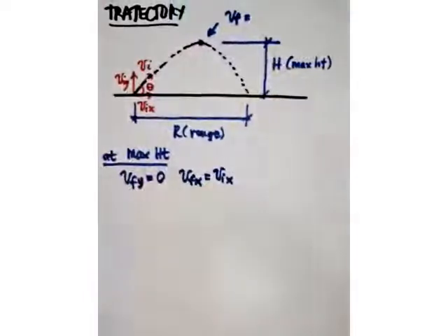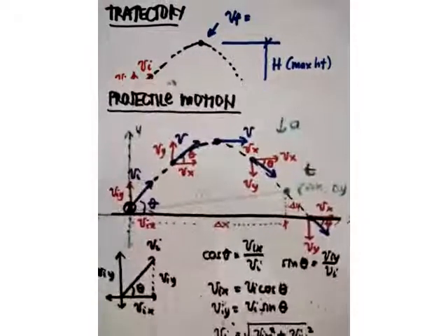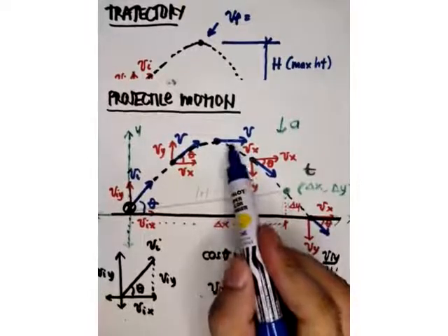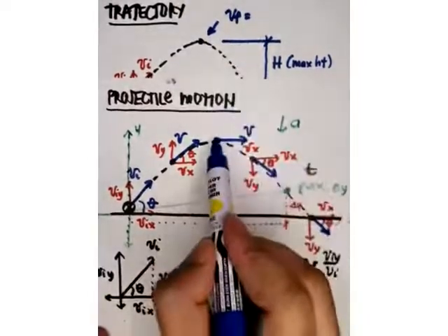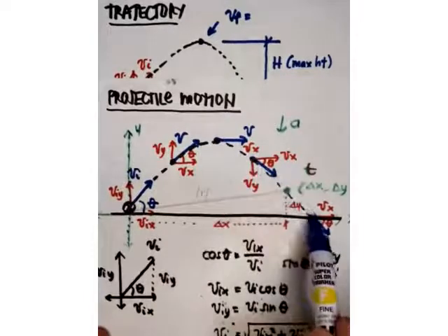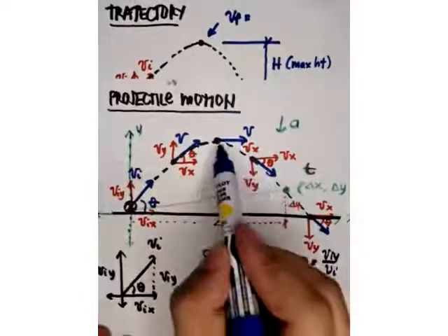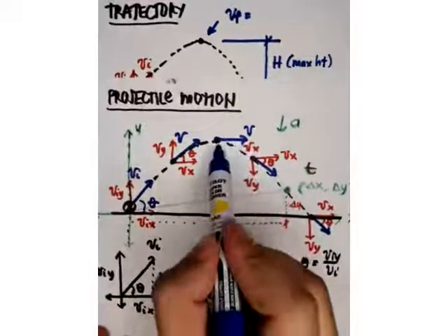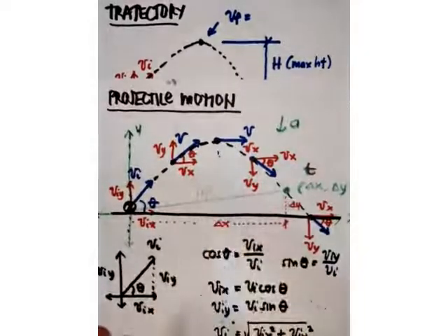Kung babalik tayo dun sa figure, ayan. Kasi hindi posible na pag nag-zero yung final velocity dito, na pupunta pa siya dito, kung pati yung x is 0 natin. So yung y lang yung 0. Kung pati yung x is 0, mahuhulog na siya dire-diretso dito.